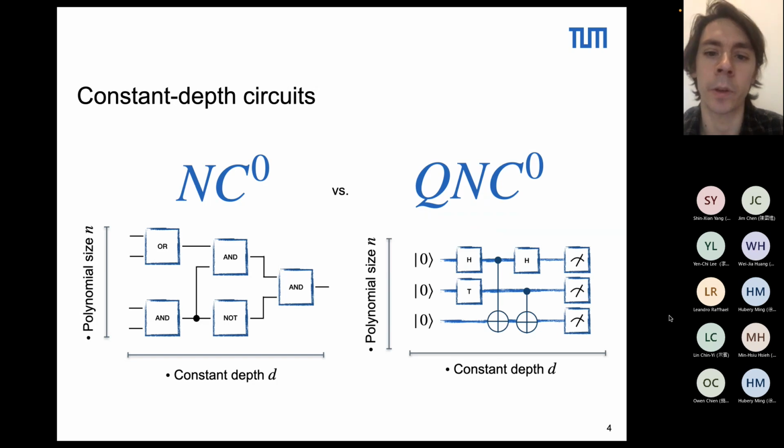The quantum equivalent of this is QNC0, which is also polynomial in size and constant in depth, but instead of classical states and classical gates, we have quantum states and quantum gates with measurement at the end. For example, here we also have circuits of depth 3 with some Hadamard gates and CNOTs.